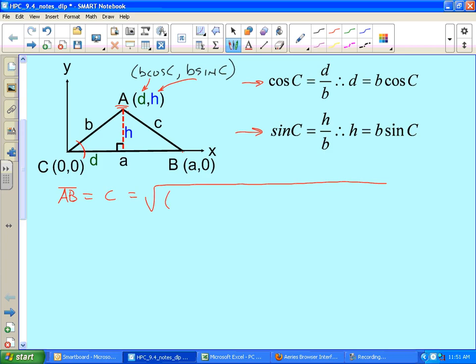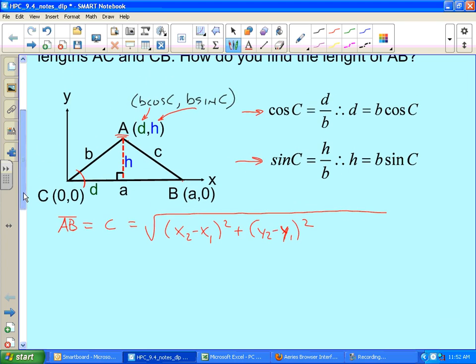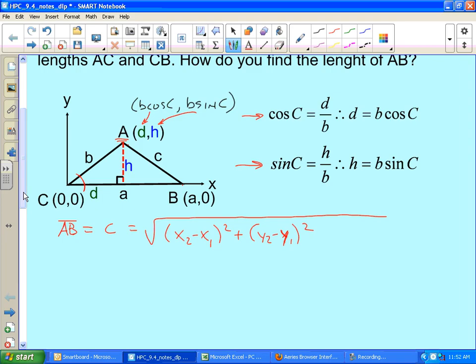So our generic formula, we just fill everything in. Let's do our x's. We'll call this x2, y2, and this will be x1, y1.